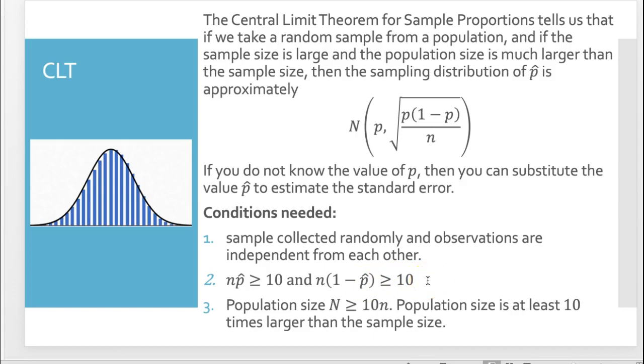Okay, so what number 2 is doing is making sure, when we first introduced the binomial distribution, I said it could be skewed. If p is very close to 0 or very close to 1, the binomial distribution graph is going to be either skewed to the left or skewed to the right.